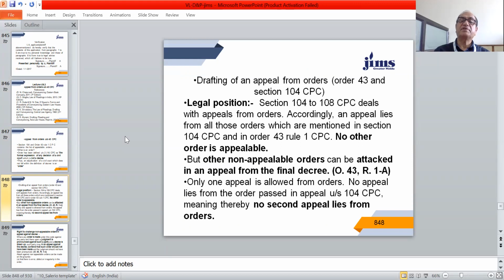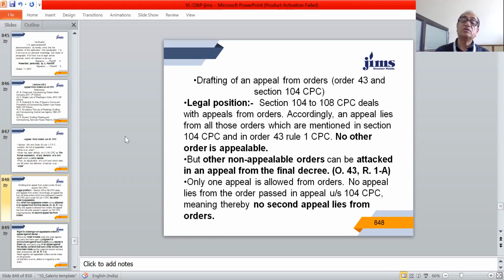If you start drafting of an appeal from orders, you will have to see the legal position mentioned in Order 43 and Section 104 of CPC. Section 104 to 108 of CPC deals with appeals from orders. Accordingly, an appeal lies from all those orders which are mentioned in Section 104 and in Order 43 Rule 1.